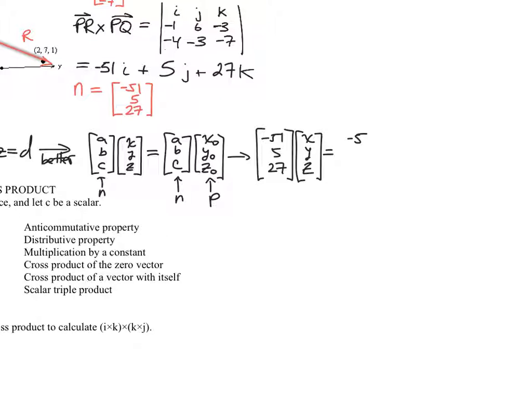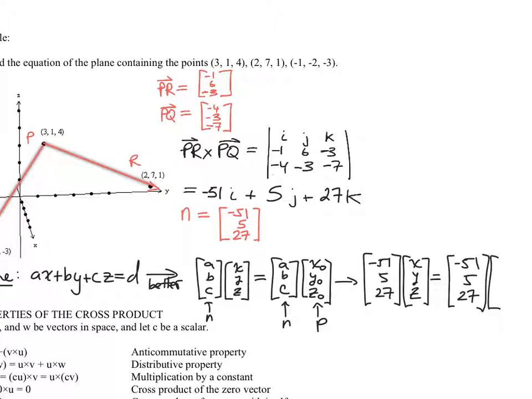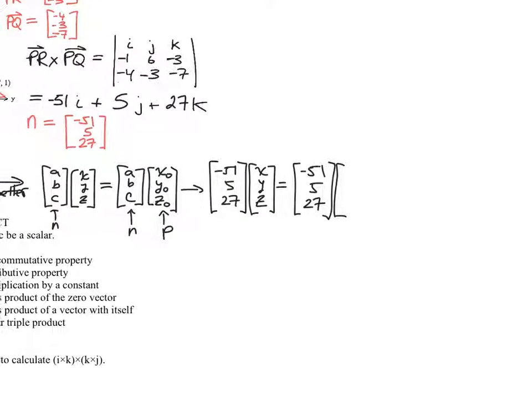And then negative 51, 5, 27 against my point P, which is 3, 1, 4. All right, now these are dot products. I didn't include it there because it's kind of implied, but I'll put them in anyway.